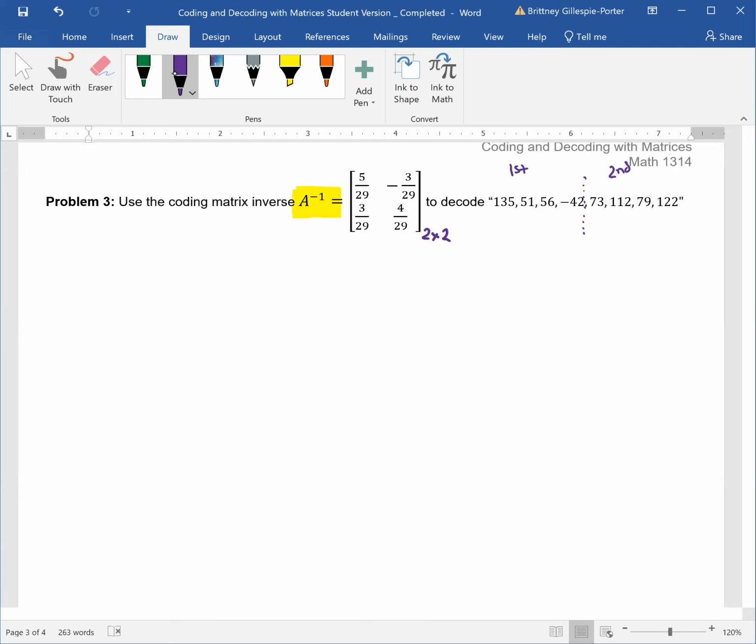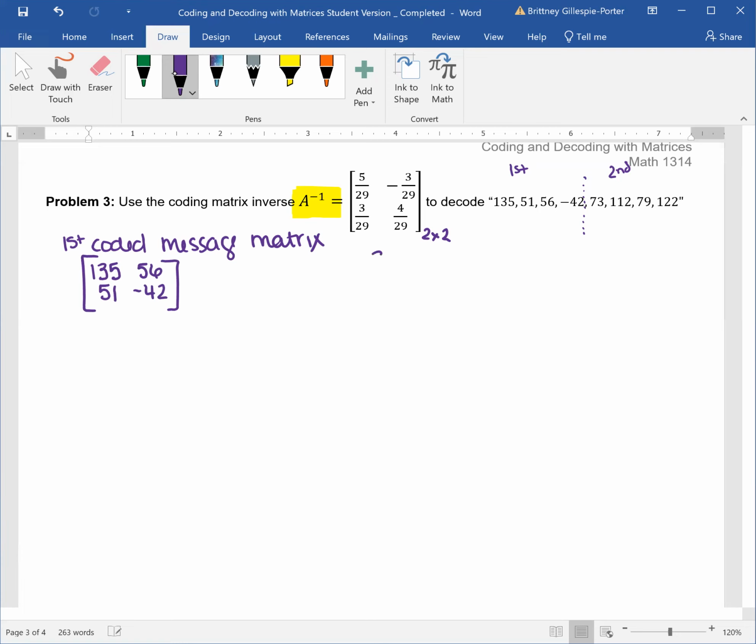Okay, so our first coded message matrix is going to start with top left, 135. We're going to list vertically, so 51. And then we need 56 in column 2, our top right, negative 42.